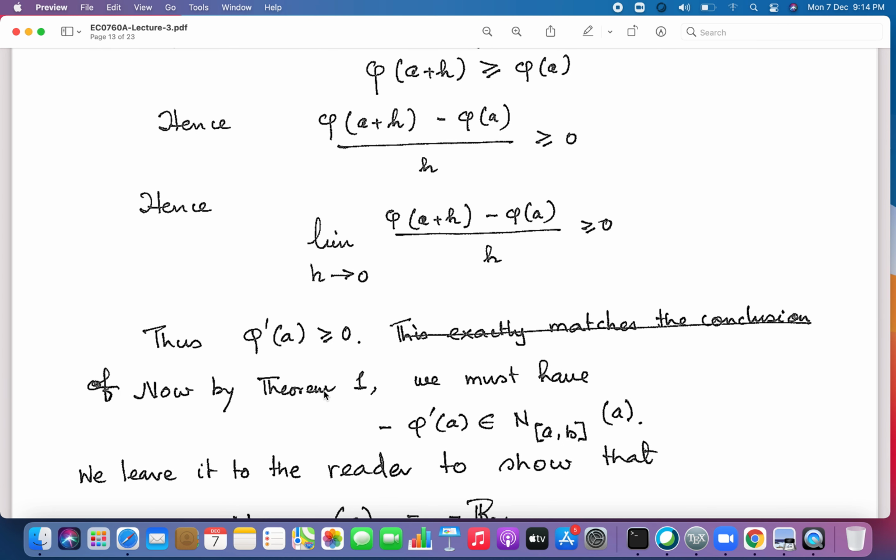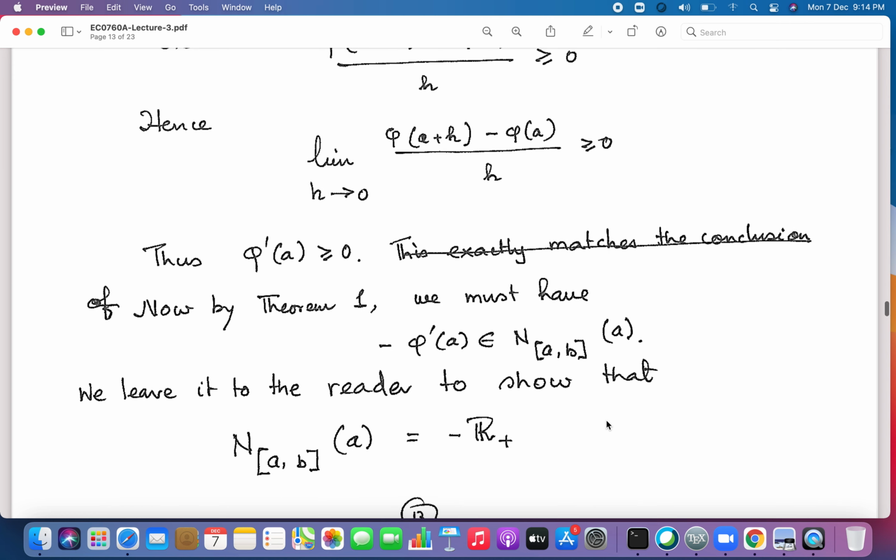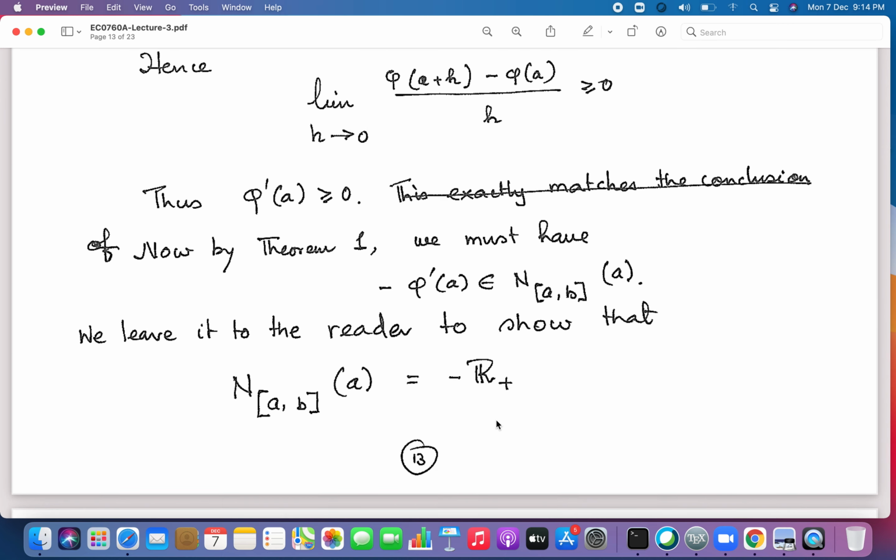Now by theorem 1, what we had learned in these two lectures, we must have phi dash A an element of the normal cone to the interval AB at A. And what is that? Take any interval AB. From A on the left hand side, you draw the ray starting from A to the left, which means you have drawn the non-positive part of the x-axis, which is nothing but minus R plus.